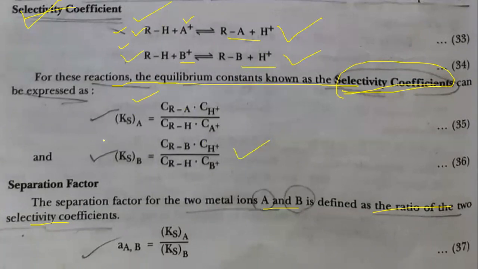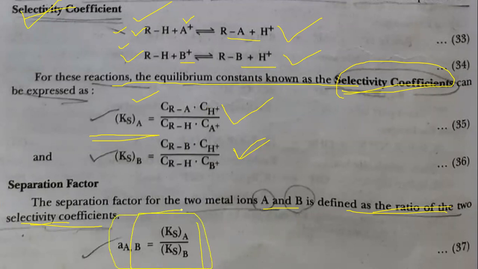So the separation factor is the ratio of these two terms. The separation factor is defined as the ratio of two selectivity coefficients, that is, the selectivity coefficient for ion A upon the selectivity coefficient of ion B. Okay, I think it is very much clear to you.